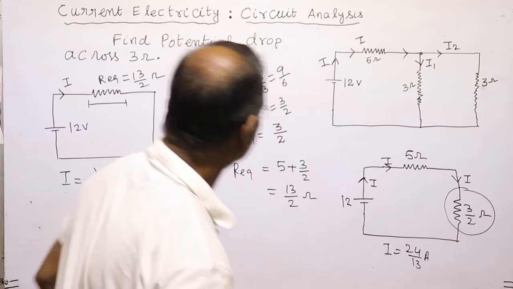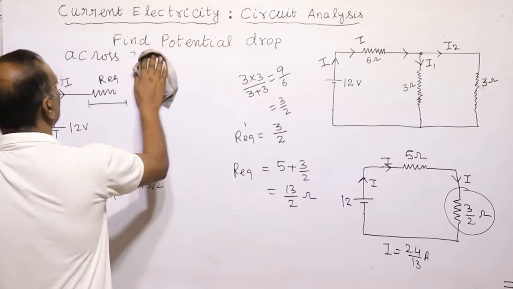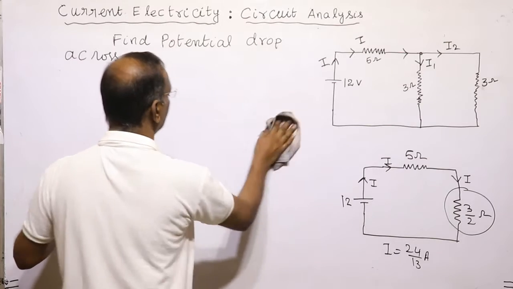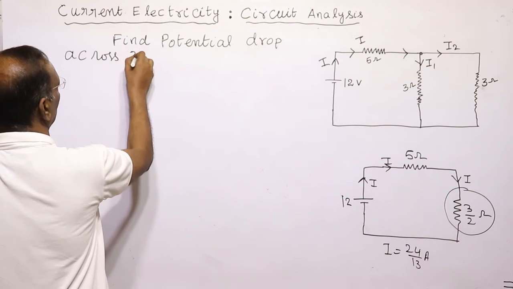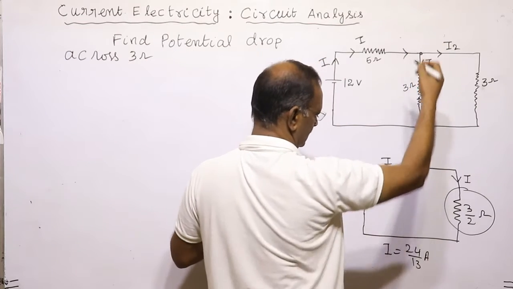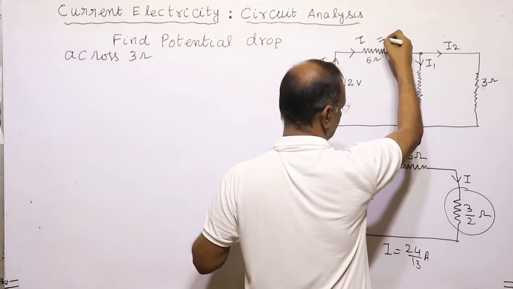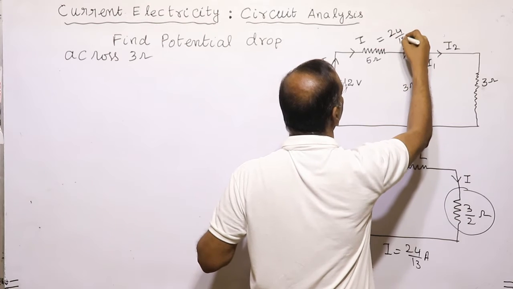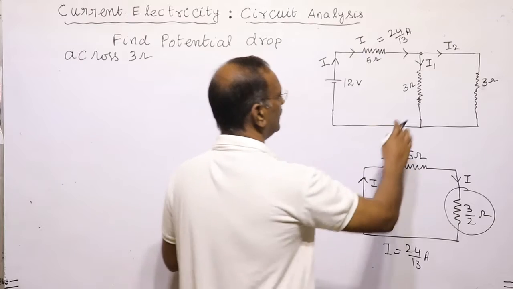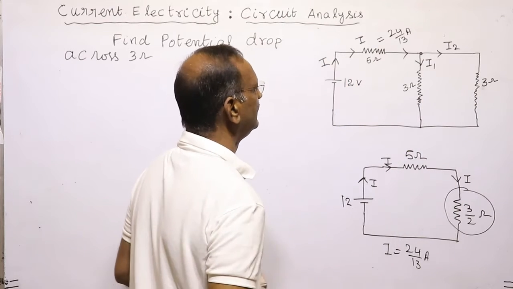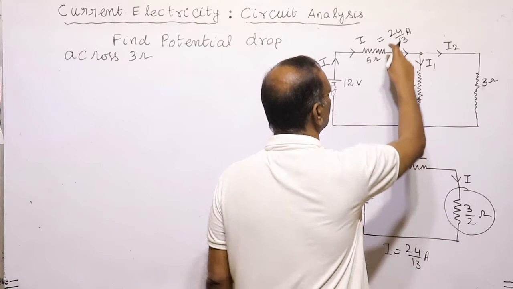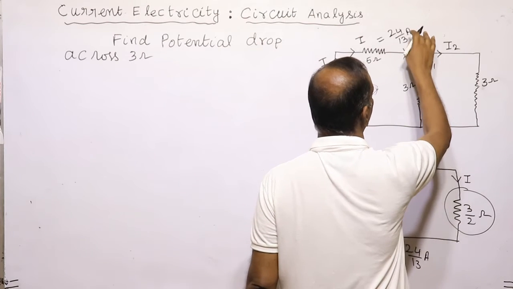Now, across the 3 ohm. Here the current flowing through the 3 by 2 is 24 by 13 ampere. Now it is divided. See, both are identical resistors. For identical resistors in parallel, the total net current 24 by 13 will be halved.